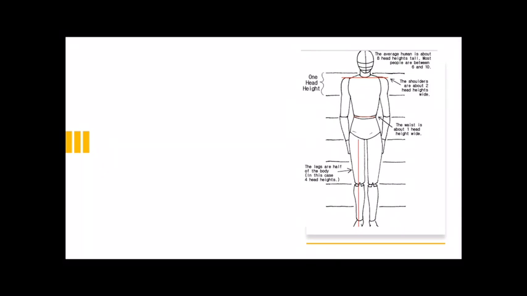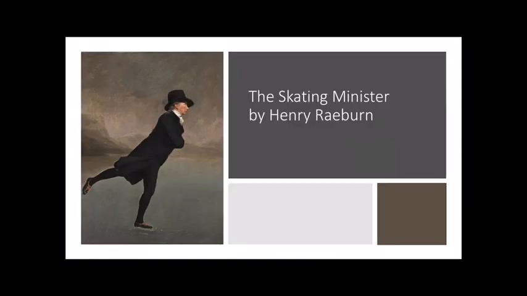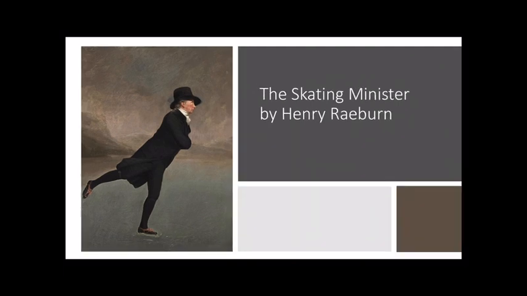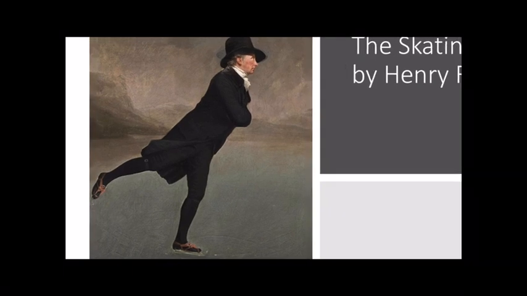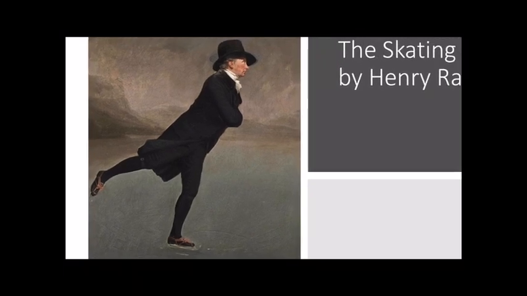Now, for what we're going to do today, we're going to have a little go thinking back to the skier. Sorry, not the skier, the skater, the skating minister. And his body is quite a bit different from that one, because he's not facing us straight on.